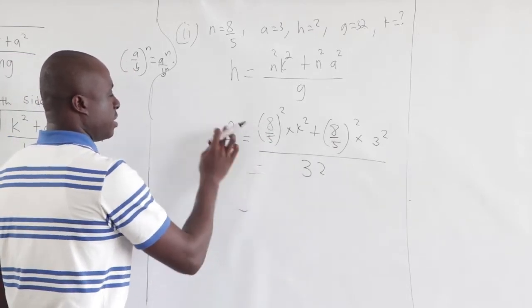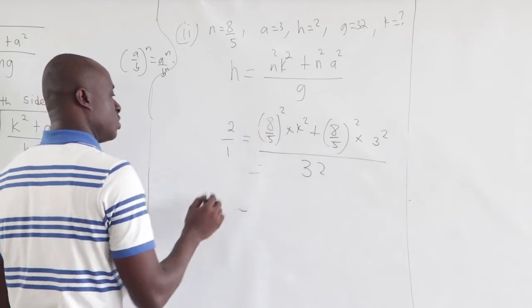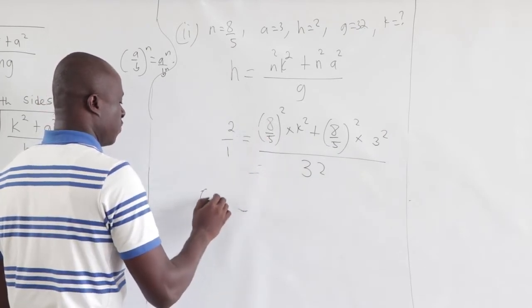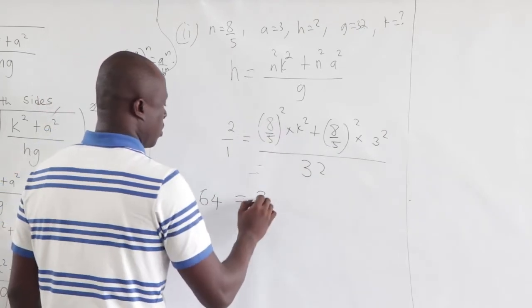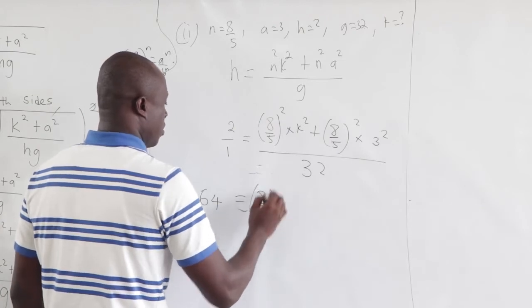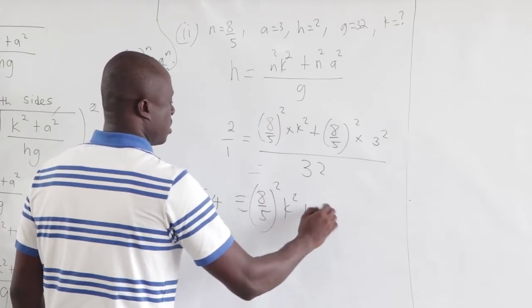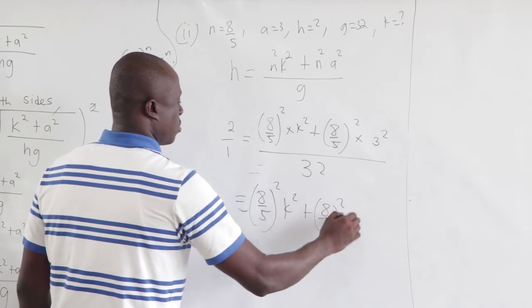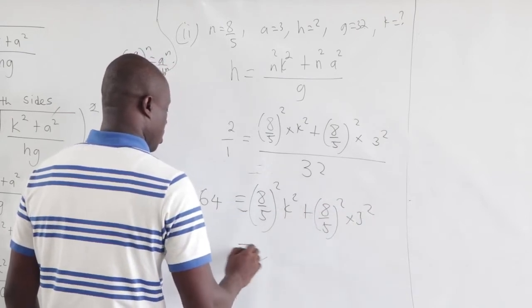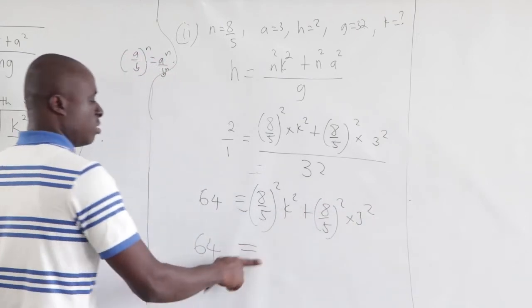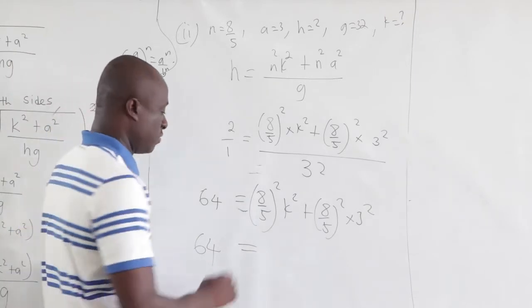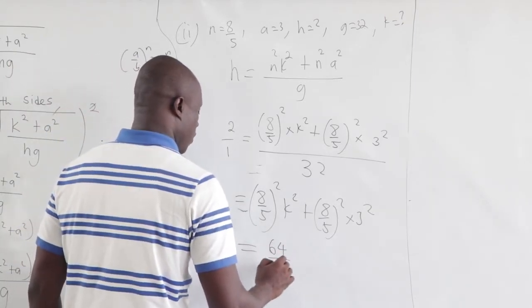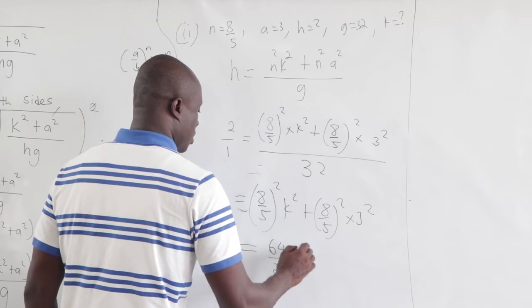So when you cross multiply, this will multiply that, and this will multiply that. So you have 64 equal to 8 over 5 squared k squared plus 8 over 5 all squared times 3 squared. We have 8 squared, 64, all over 5 squared, that is 25, k squared.